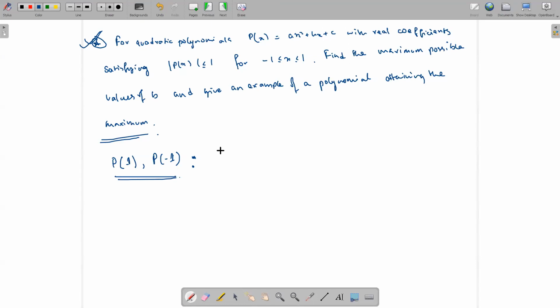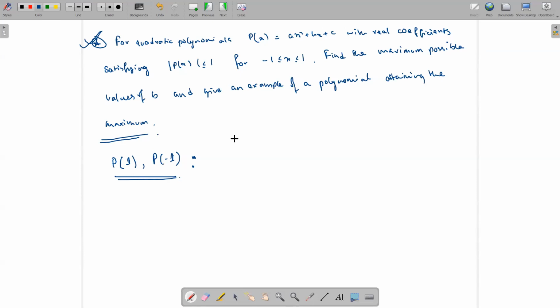Sir, I actually have a geometrical view for this. Suppose you have a parabola ax square, and you take any interval on the x-axis with length 2.